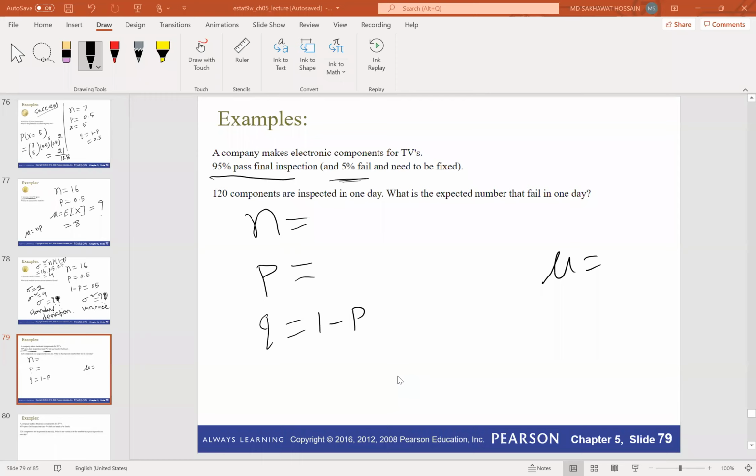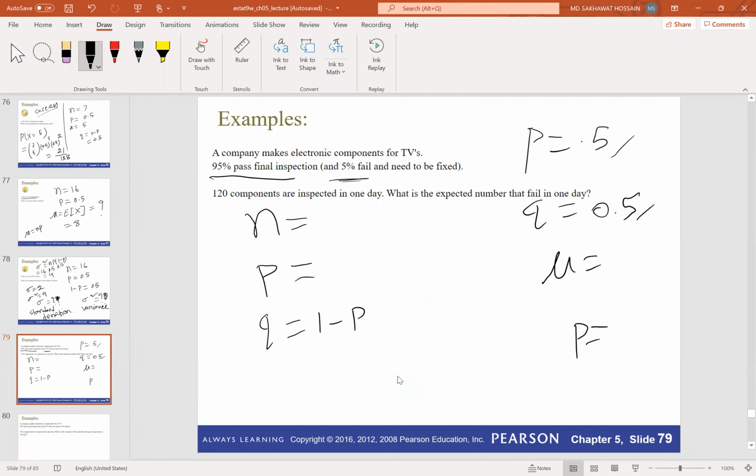Here the important thing is you should be very careful. When p is 0.5, it's fine. Even if you make a mistake calculating p and q correctly, you will get the correct answer, because this is 0.5 and this is also 0.5.